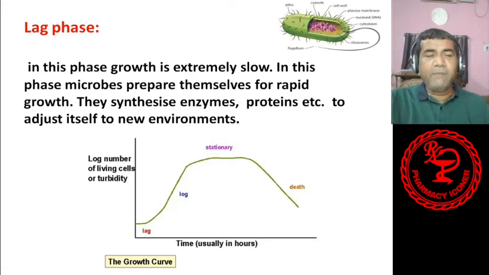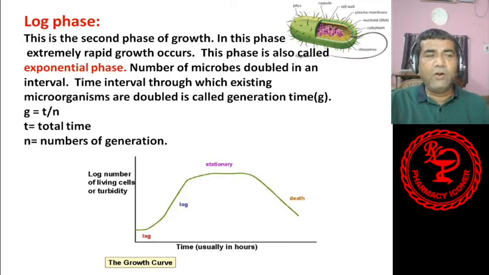Then lag phase is followed by log phase or exponential phase, this portion, from here to here. So in this phase what happens? This is the second phase of growth. In this phase rapid growth occurs. The microorganism has prepared the proteins and enzymes required for growth and they utilize resources present in the culture media and rapid growth occurs.